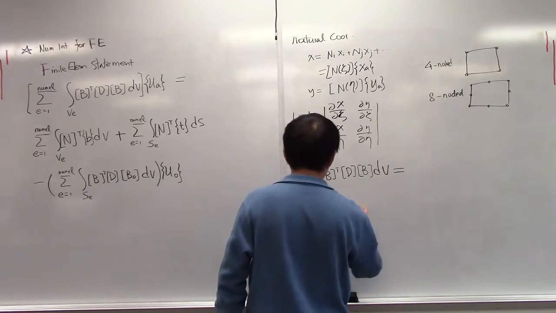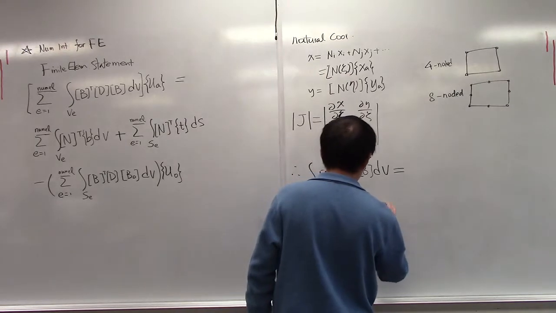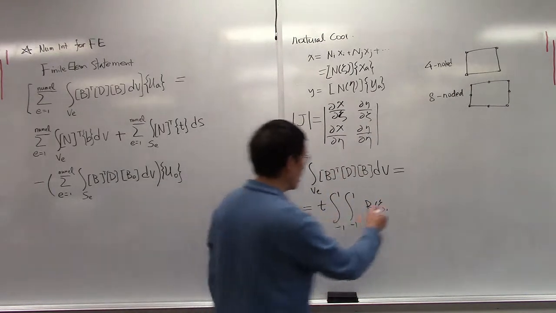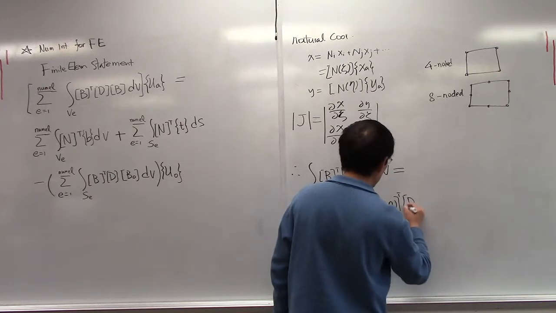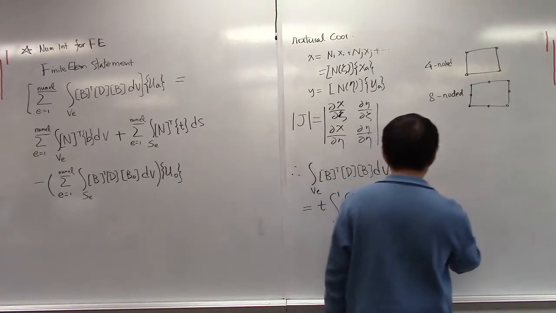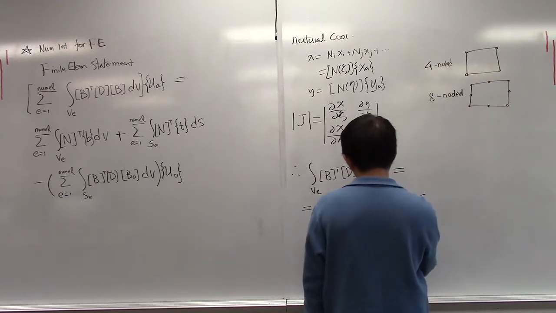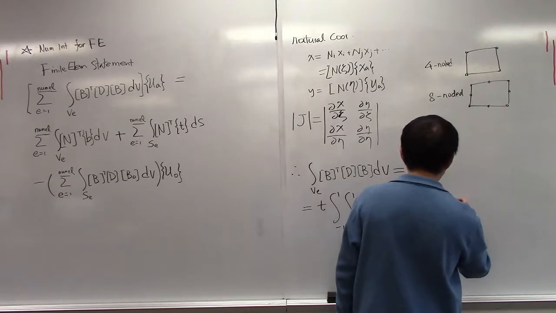T, -1 and 1, -1 and 1. B, which is a function of potentially theta and eta, transpose. D, which is a material constant, stiffness matrix, okay, which is a constant. And then B, d theta, and then d eta.